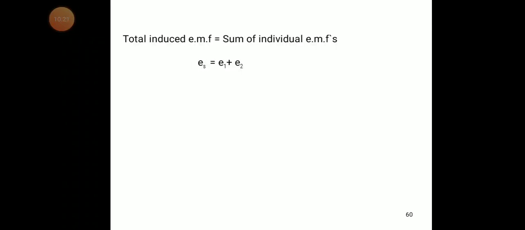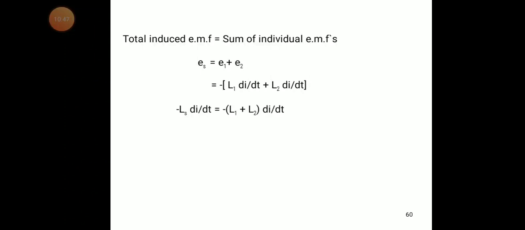The total induced EMF equals the sum of the individual EMFs, as already mentioned. The total EMF in the series circuit is ES equals E1 plus E2, so you can write L1 di by dt plus L2 di by dt.